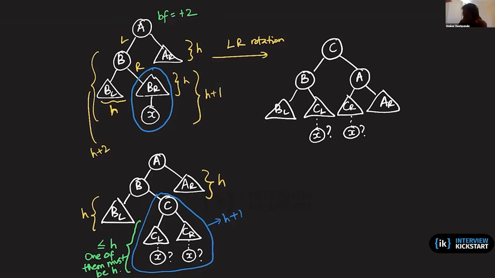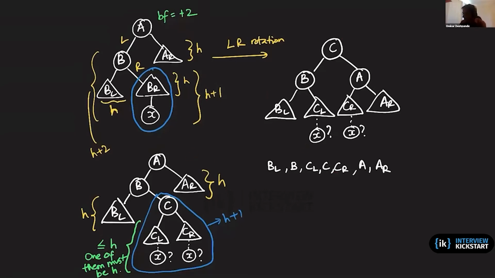But look at the Inorder Traversal of this more elaborated diagram. We have BL, then we have B, then we have CL, then we have C, then we have C sub R, then we have A, and then we have A sub R. And it's the same order even if you look at this. I created this ordering from here before the rotation.